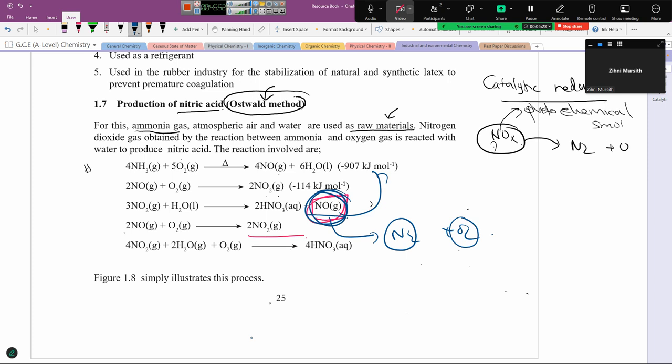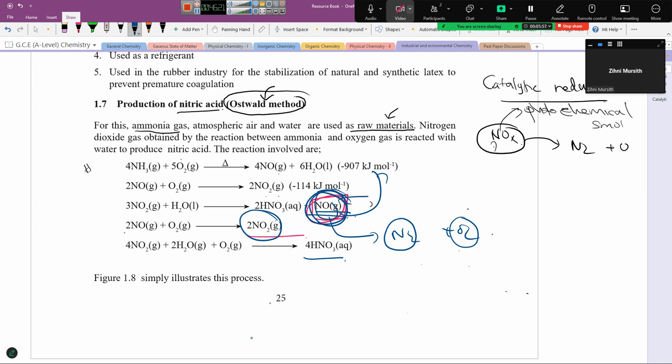Similarly, they asked to suggest a method to increase the efficiency of this production procedure. So what is the method that we adhere to? NO gas is recycled to produce HNO3 again, right? So here HNO3 is produced in two different ways, directly and from the byproduct.